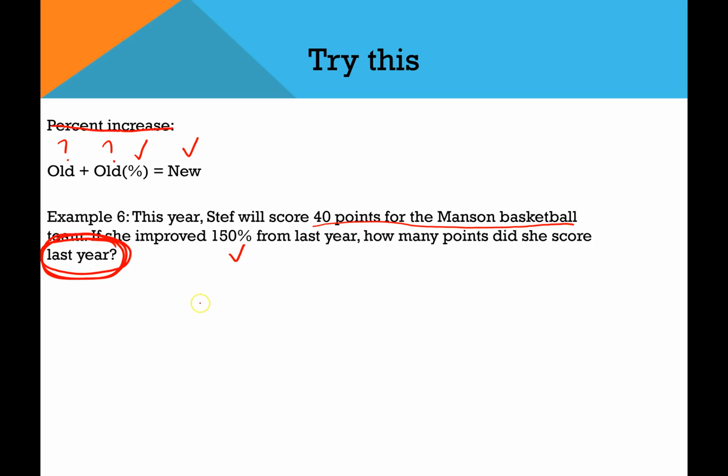Okay, so we've got an x plus an x times 1.5, right? I took this 150%, brought the decimal over to 1.5. That's going to be equal to our new value. This year she's scoring 40 points. I can put a 1 in front, so I'm going to be left with 1x plus 1.5x equals 40.